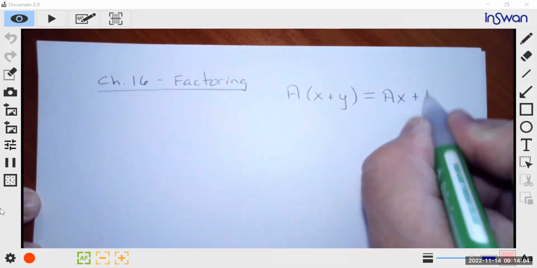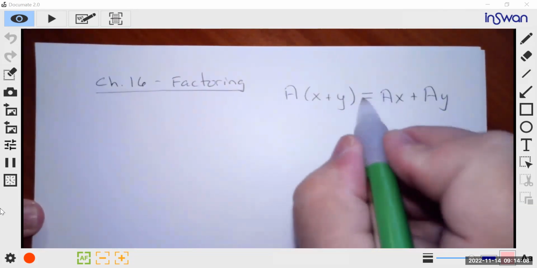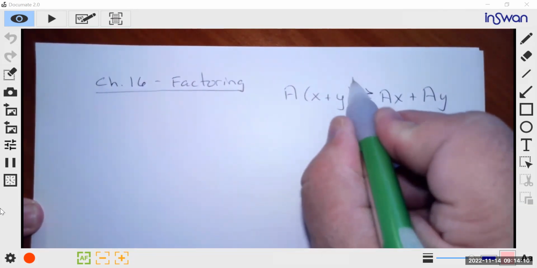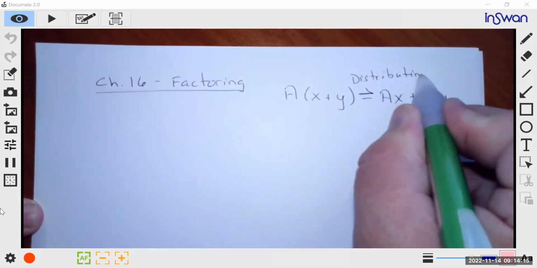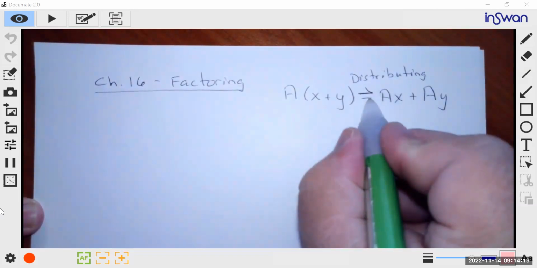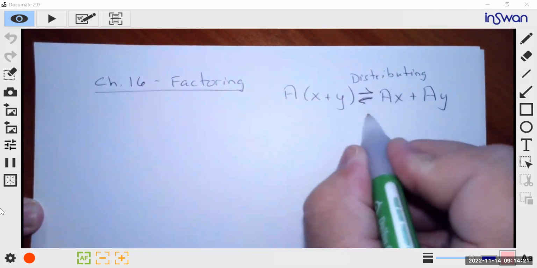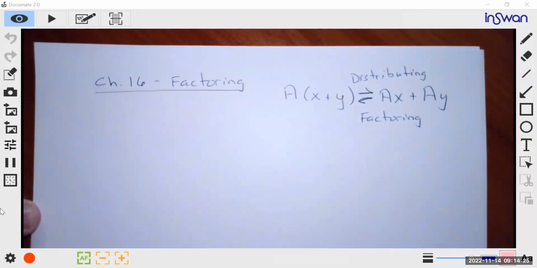From the distributive property, the first week of class. We just finished doing this. We just finished distributing. Now we're going to go backwards. We're going to factor.